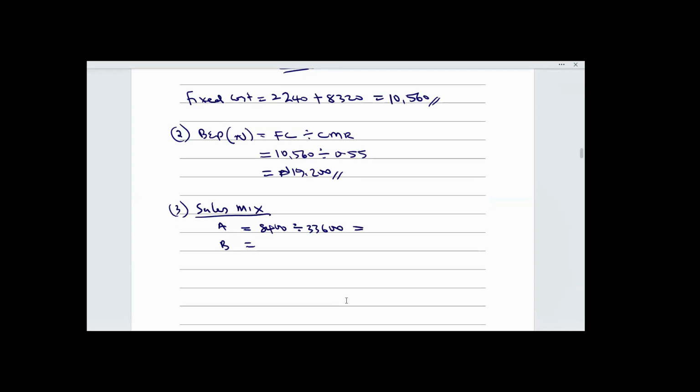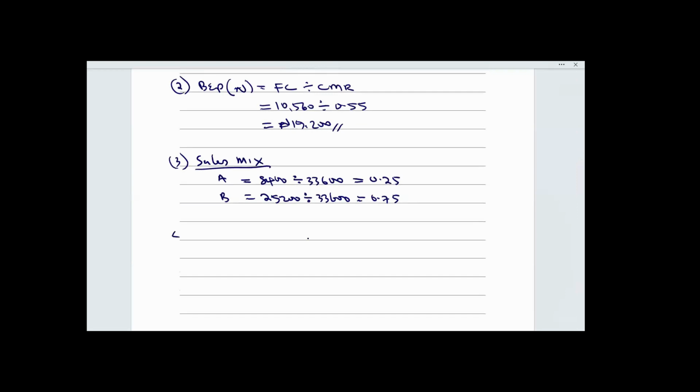Then here is 0.25. Then 0.75, divided by 33,600. What do you say is the sales mix? 0.25 for A, then 0.75. All right. So that's the sales mix.